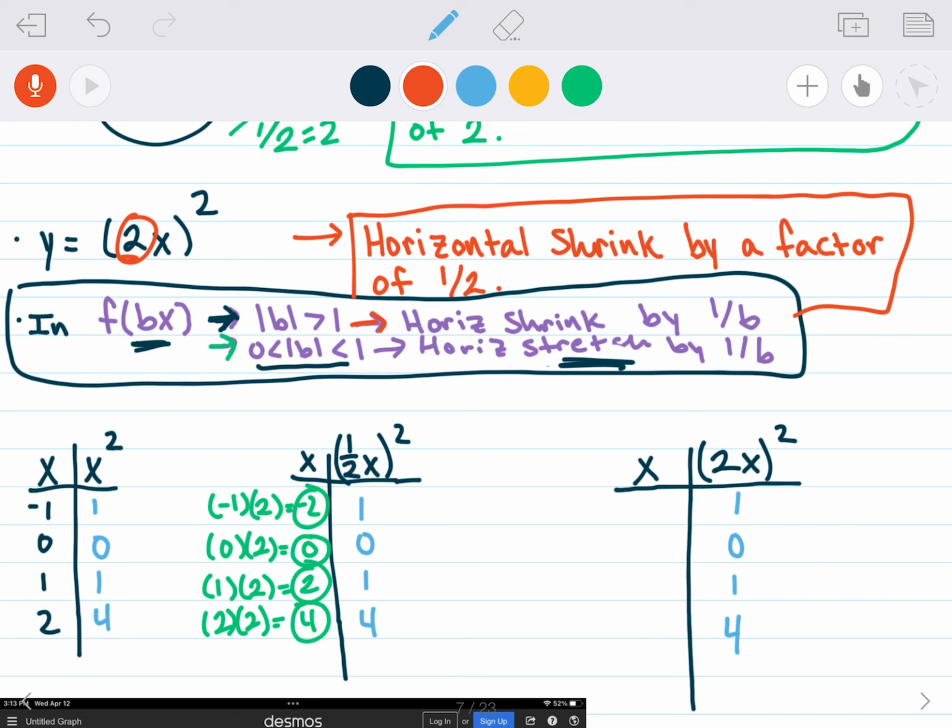And then for this guy, instead of multiplying my x values by 2, you're going to do it by the opposite, or the reciprocal, which is 1 over 2. So original input of -1 times 1 over 2 is -1/2.